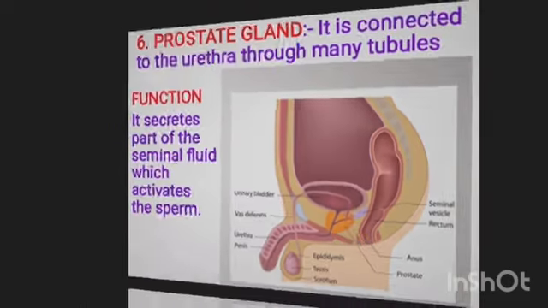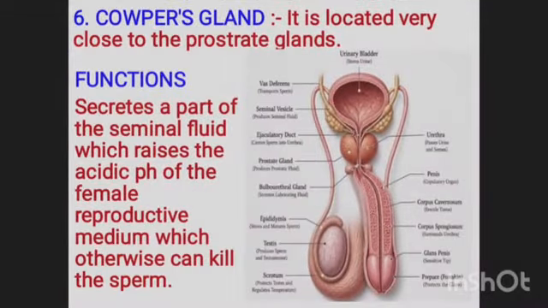Let's look at the next structure we have here. We have the Cowper's gland, and it is located close to the prostate gland, very tiny, close to the prostate gland here. Now, what is the function?